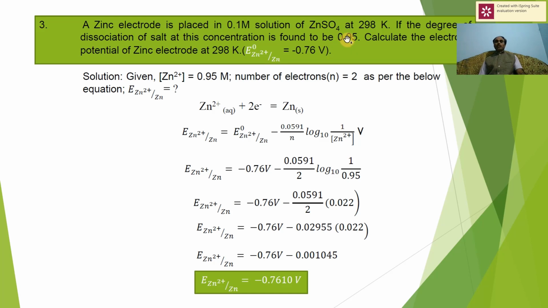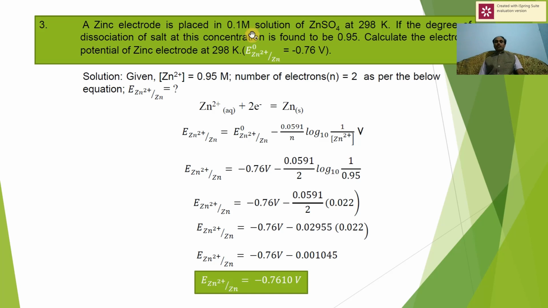It means you have to calculate the molar concentration of 40% or 80% or 90% out of 0.1. Say for example, 90% is dissociated if they have given. So what is the concentration of the zinc sulfate solution?